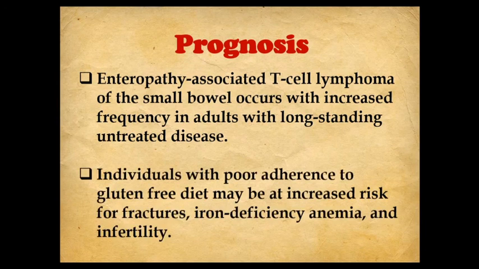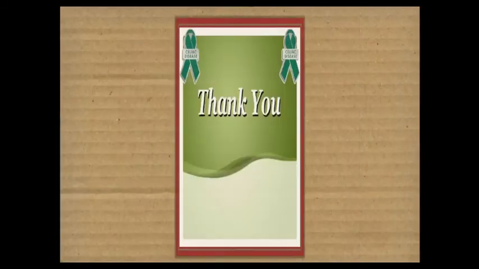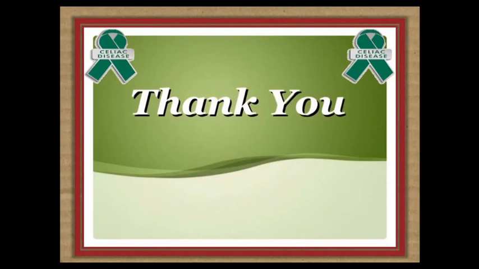And individuals with poor adherence to a gluten-free diet may be at increased risk of fractures because of abnormalities in calcium metabolism and vitamin D deficiency, as well as iron deficiency anemia and infertility. And this is all you have to know about celiac disease.